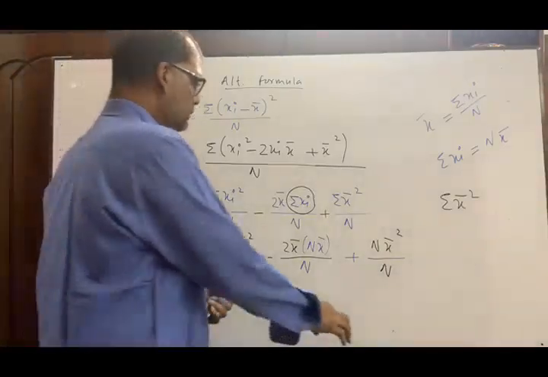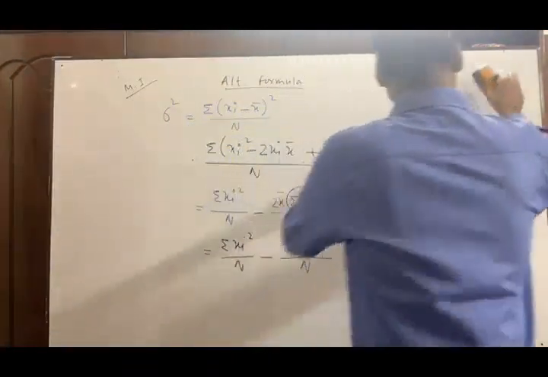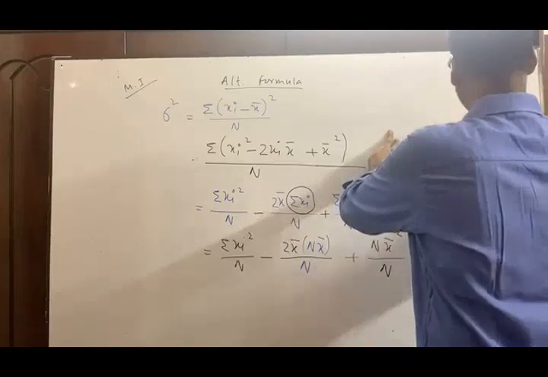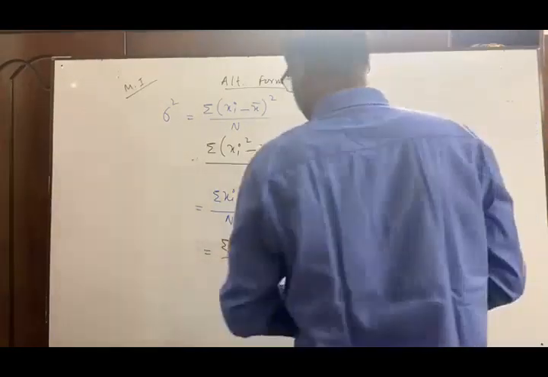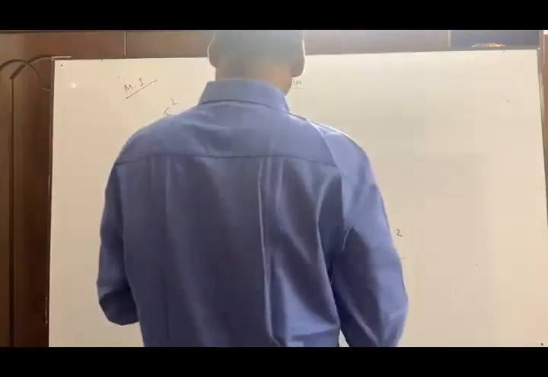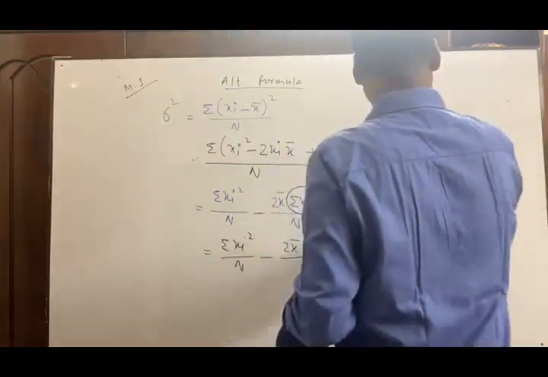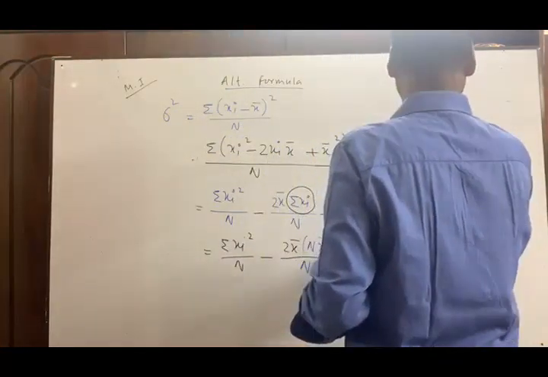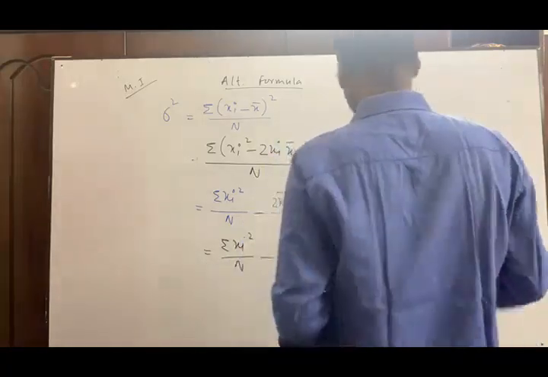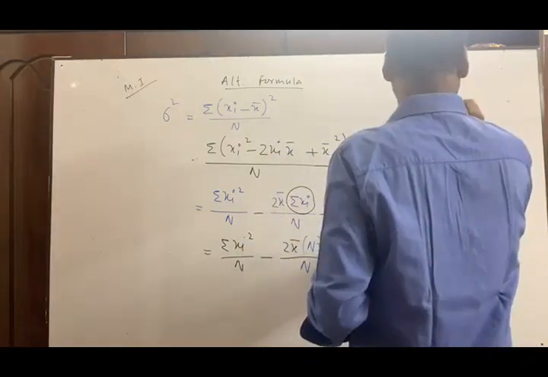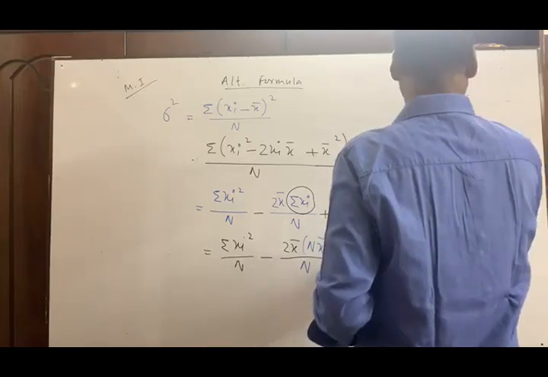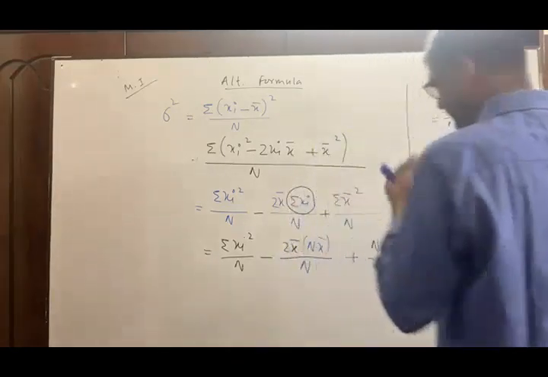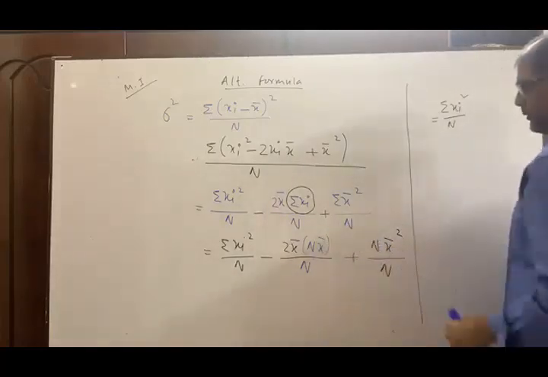Now we calculate like this. You see, you keep it as it is. It is equal to summation xi square by n minus, this n and n will be omitted.